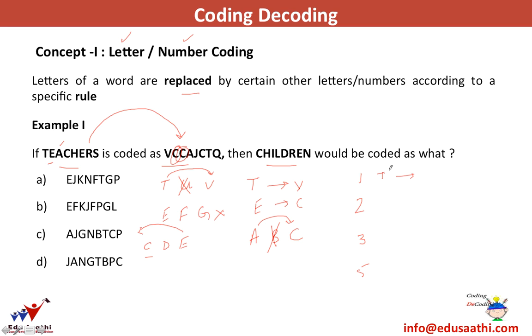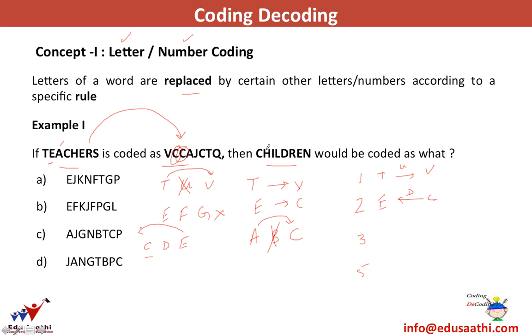So for example, T would be replaced by V. I'll skip out U. If the alphabet is in the even position, for example E here, the second position, then I'll go in the reverse direction, skip a letter, I'll skip D and then write a C. So I'll skip one letter in the opposite direction.